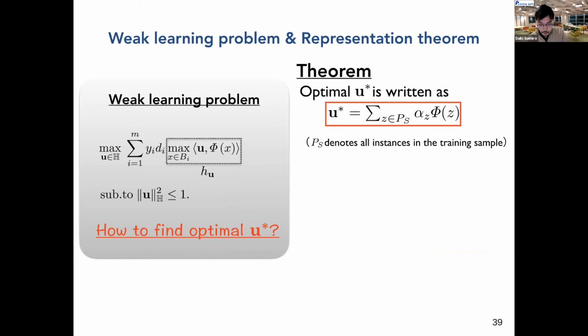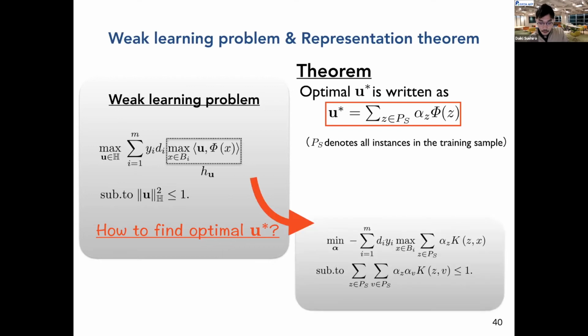Actually, we can show the representer theorem, which holds, and U is represented as a linear combination of feature mapped training instances. And the weak learning problem can be described like this.